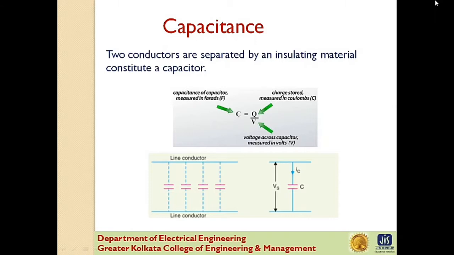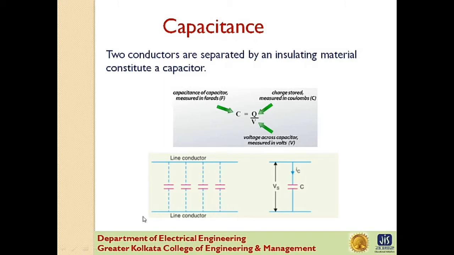Now, as any two conductors of an overhead line are separated by air, which acts as an insulation, therefore capacitance exists between two overhead line conductors. Just look at this picture.